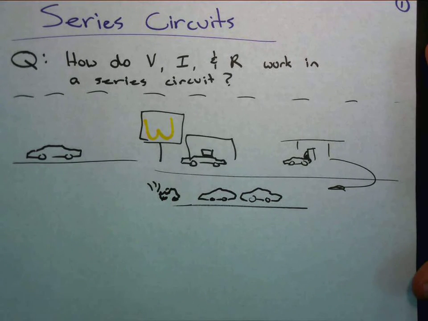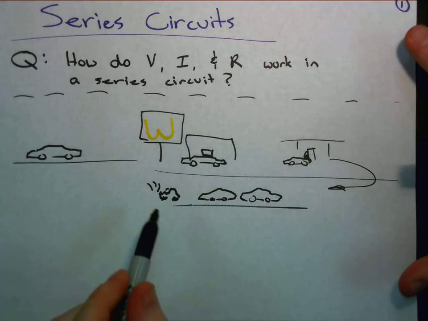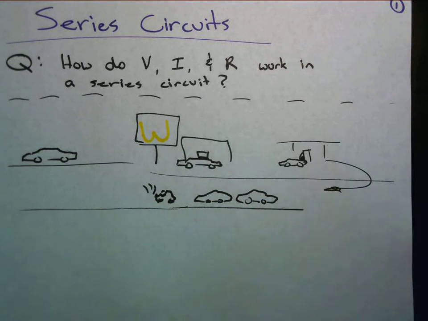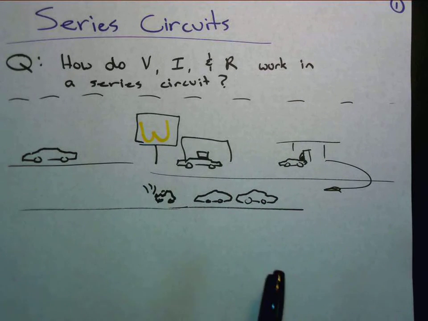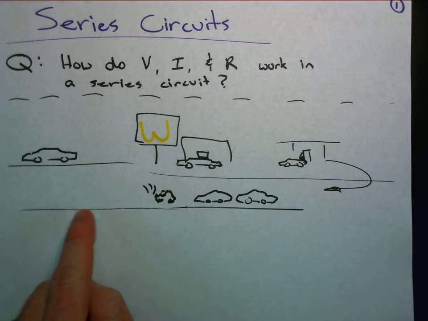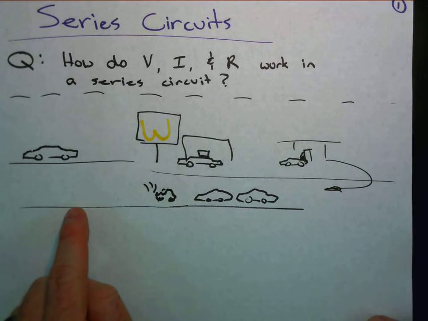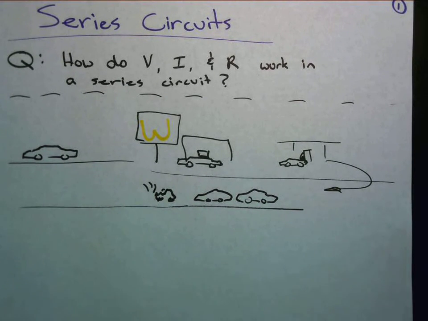And so by the time they get back home, they've eaten all your French fries, and your burger's cold, and it's just no fun. But you see what's happening. We have multiple things, one after the other, slowing the flow, right? And if we were to add yet one more thing that's acting like a resistor, the current would be reduced even further. Okay, so this is what we're talking about, series circuits.